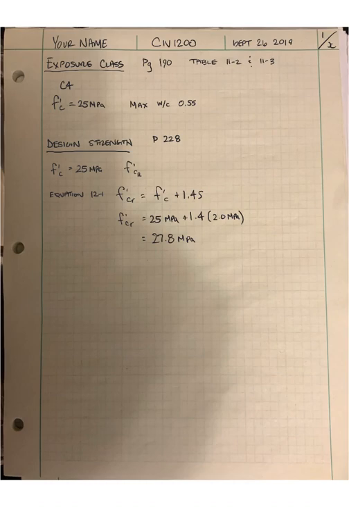When we take a look at the second equation, we're going to look at F prime C design is equal to F prime C plus 2.4 times our standard deviation minus 3.5 MPa.